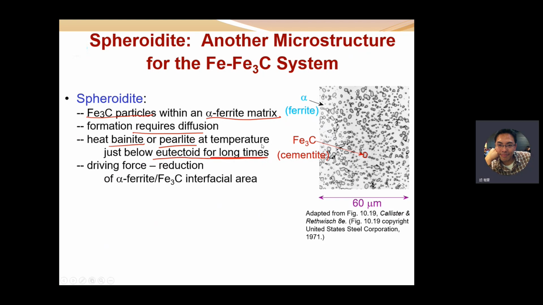If we need a spheroidite structure, how do we produce it? You have to heat up the bainite and pearlite structure at a temperature just below the eutectoid for a long time.